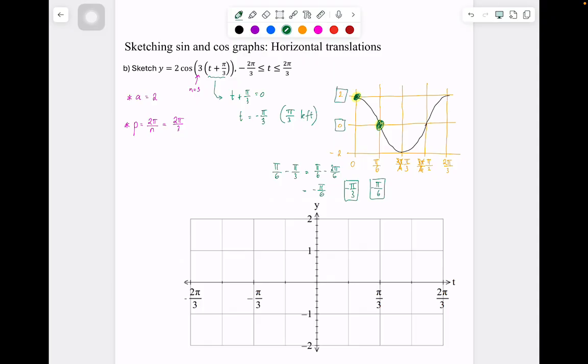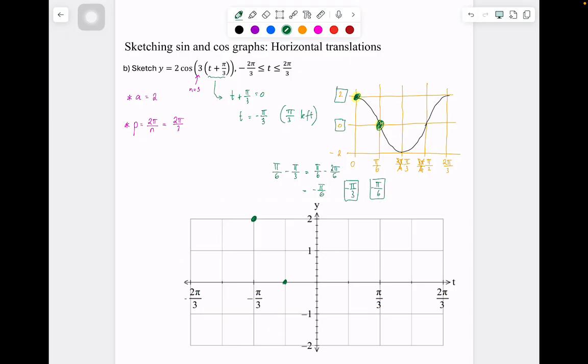And we will put these points on our graph first, and the pattern will therefore repeat. Our first coordinate will be negative pi on 3 and 2. So negative pi on 3 and 2, that's our first point. And our second point will be negative pi on 6 and 0.